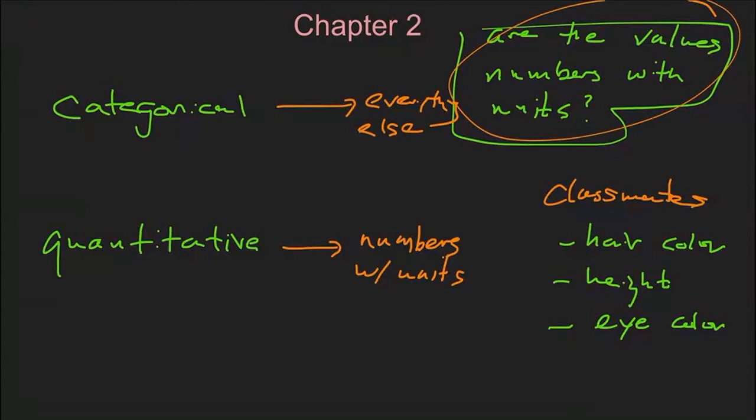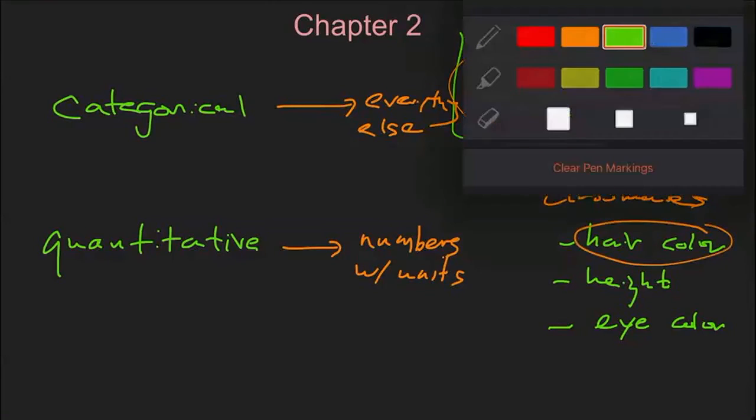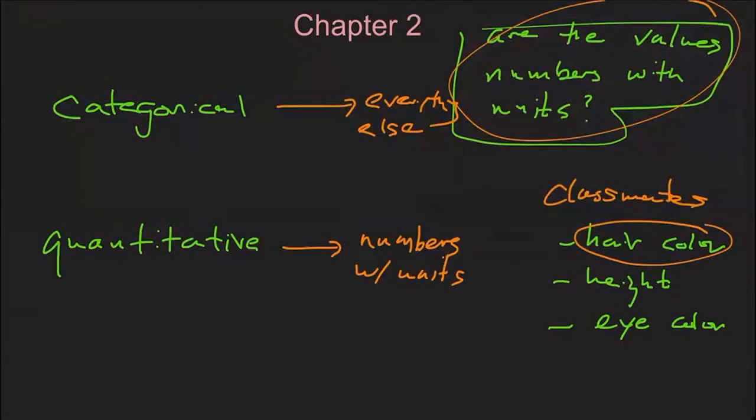And what do we mean by values? That just means what could the variable be? Like if we're talking about one of our classmates, what are the different hair colors they could have? Like brown, black, blue, pink, who knows? So are those different values numbers with units? No, we said words, we said different colors. Because it's not numbers with units, this one would be categorical. We'll just put a C to save space.